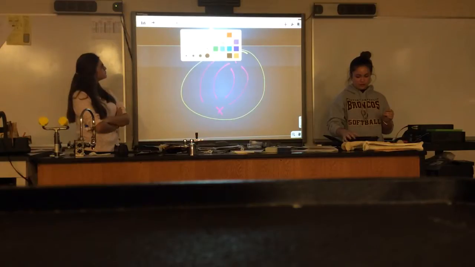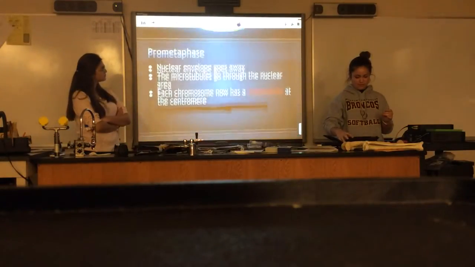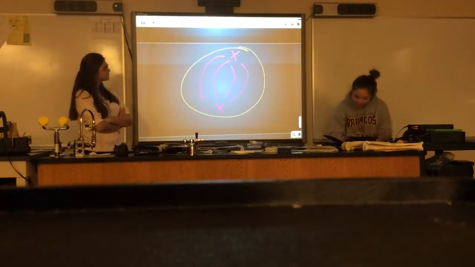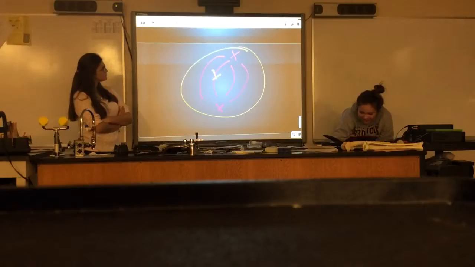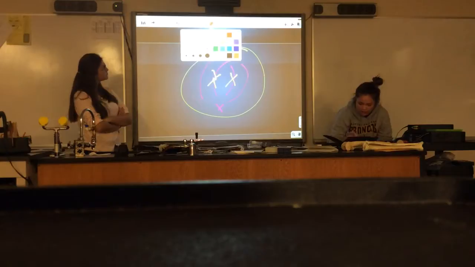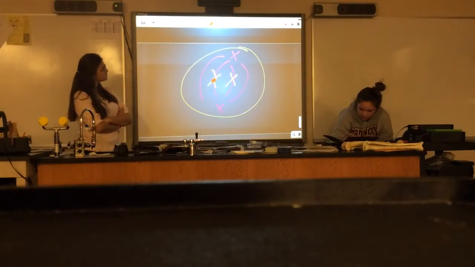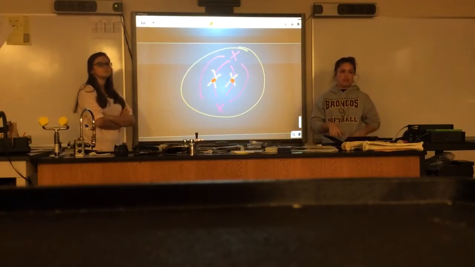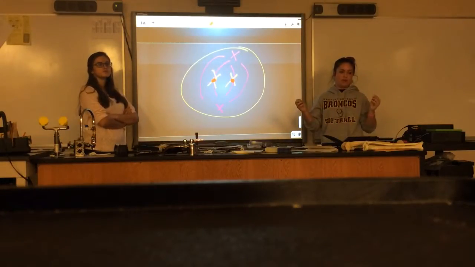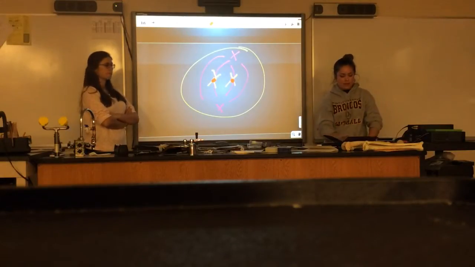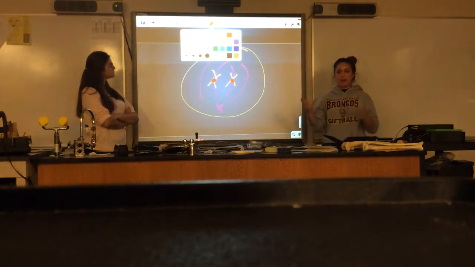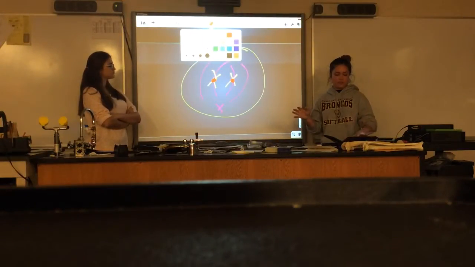And then you have the chromosomes in the middle. And then some of the microtubules are connected to the kinetochores of the chromosomes to aid in pulling them apart for separation. And then the ones that aren't attached interact with the opposite side of the cell.